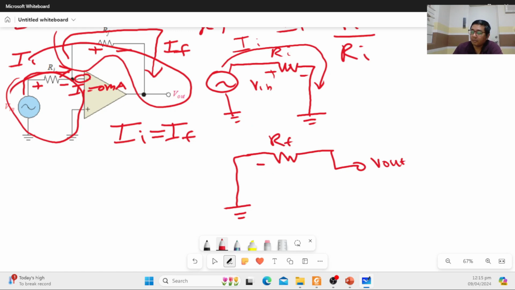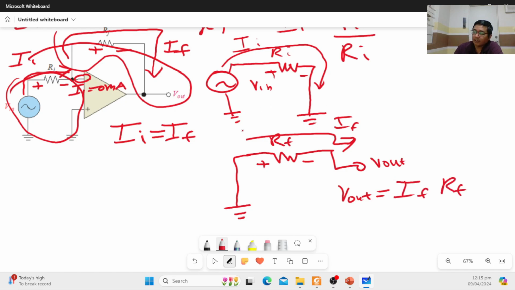So we have plus and minus, and this is your IF. Okay. So let us write down the equation for V out. Ang V out naman natin is equal to, from Ohm's law pa rin, no? So we have IF times RF. But since yung kuryente natin ay palabas dito at papasok dun sa ating V out, no? Meron tayong negative dito. Alright?